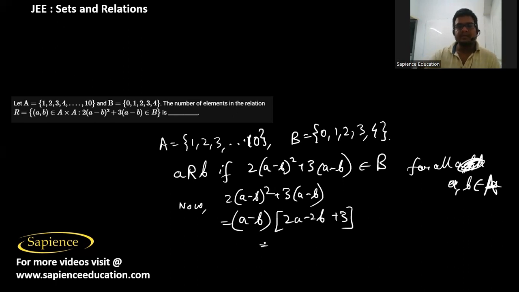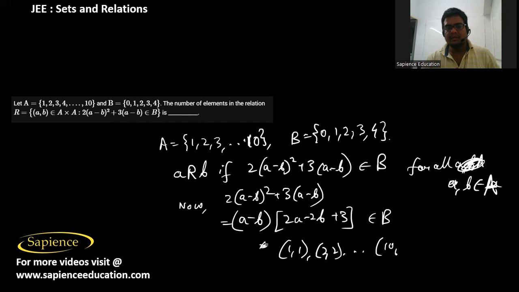So this should belong to B. It means it can be 0 also. So it means the same elements we can take. It means we can take (1, 1), (2, 2) till (10, 10) we can take. So here we have 10 elements.